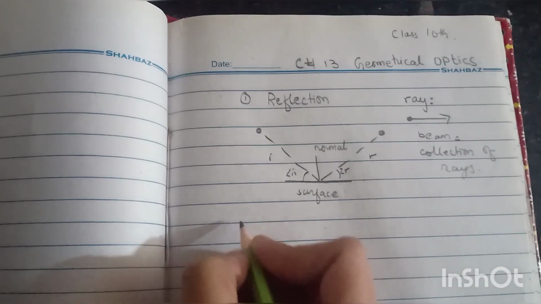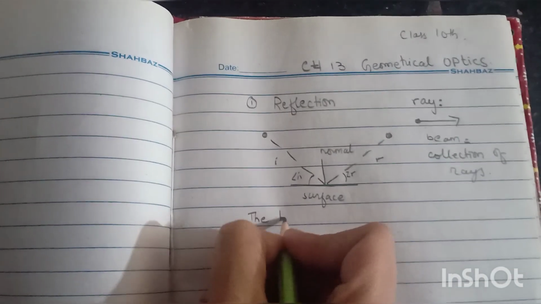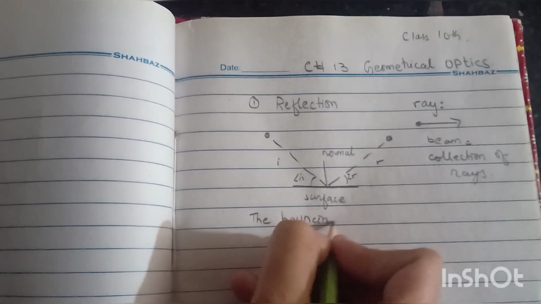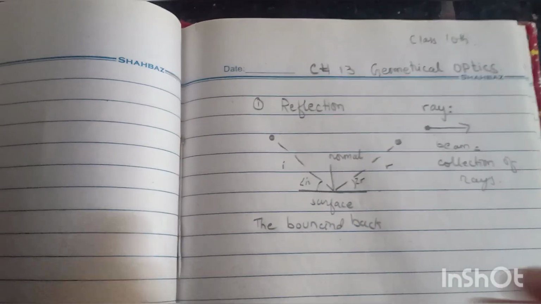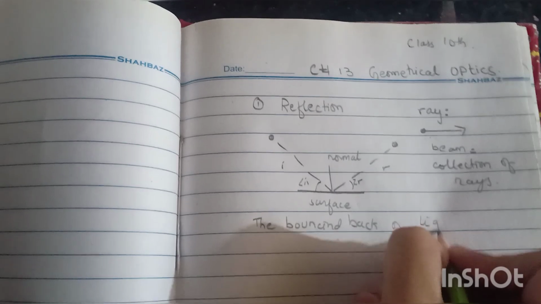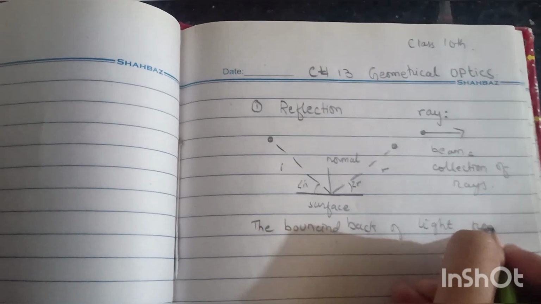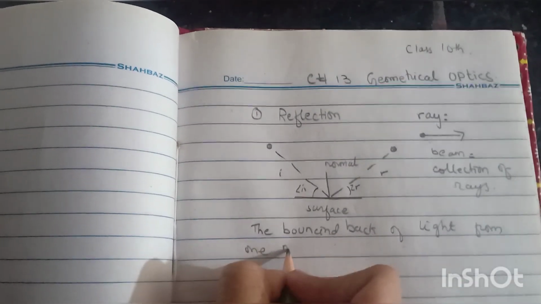Talking about the definition, reflection is the bouncing back of light from one medium.